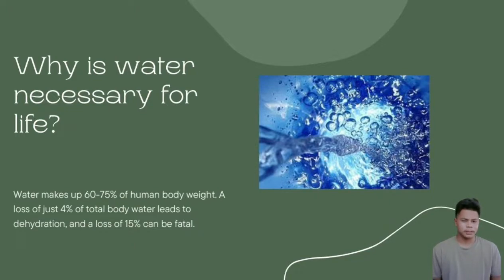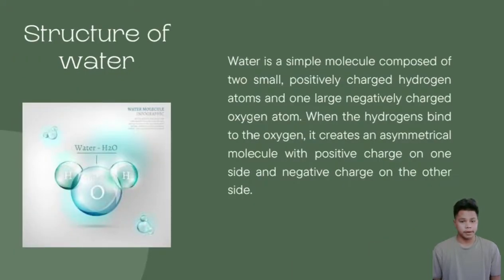But what makes it so necessary? Many of water's roles in supporting life are due to its molecular structure. So now let's talk about the structure of water. Water is a simple molecule composed of two small, positively charged hydrogen atoms and one large, negatively charged oxygen atom.